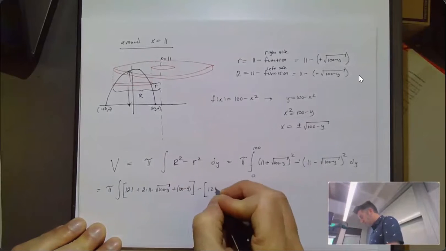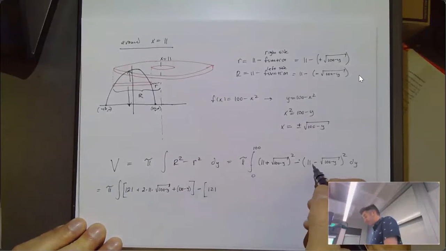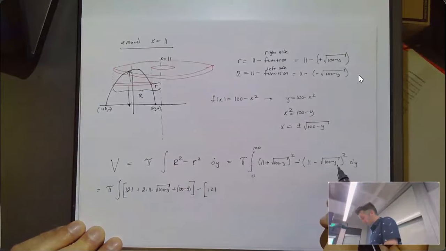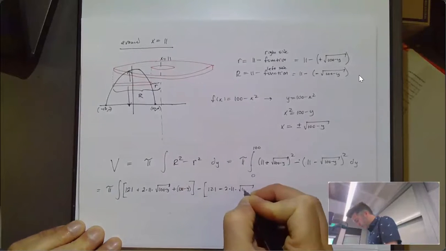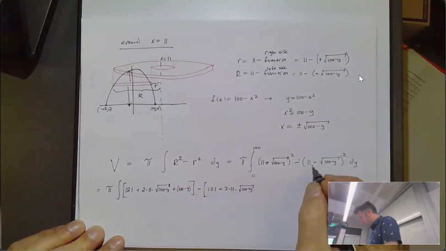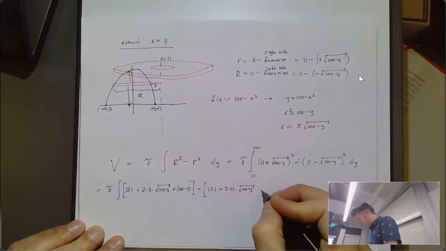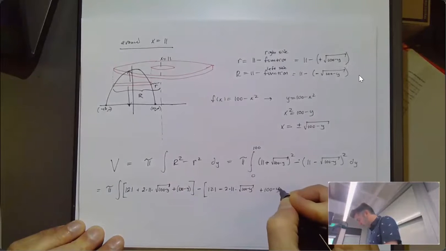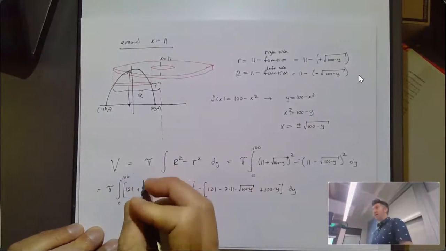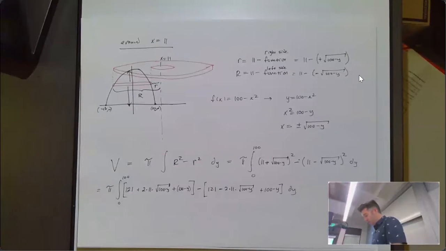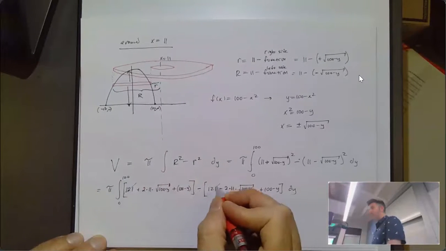So 11 squared is 121. And then we're going to get 2 times 11 times negative square root of 100 minus y. So we're going to get minus 2 times 11 times the square root of 100 minus y. And then we're going to get this squared, so we're going to get plus 100 minus y. And what I want you to see really here is that almost everything cancels out. 121 minus 121 cancels.